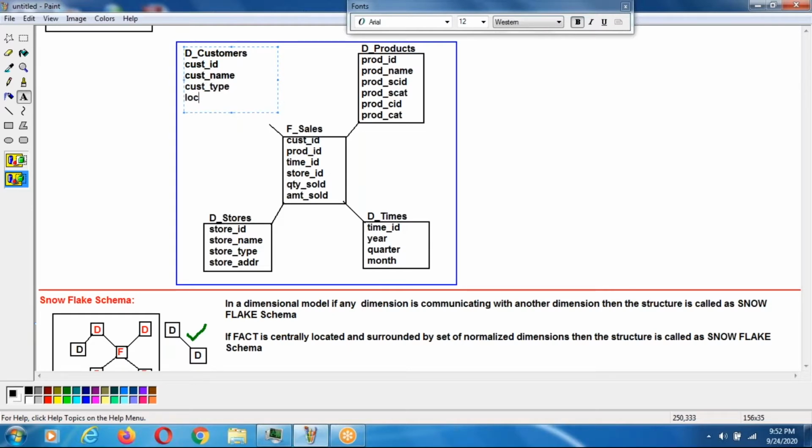Along with that, I have a location ID, and something called region, country, and city.